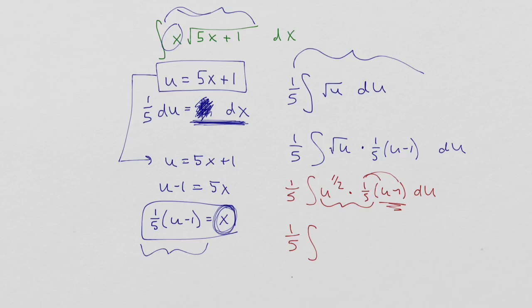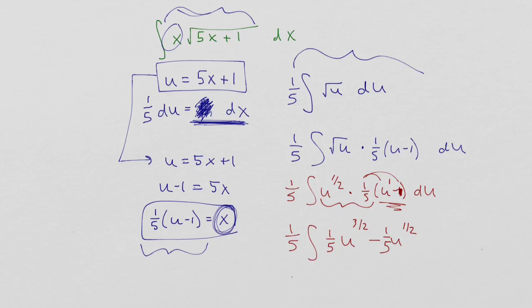So I've got u to the 1/2 times 1/5 times u to the power of 1, which is going to give me 1/5 times u to the power of 1 plus 1/2, which is 3/2, minus, this is a 1, so I've got u to the power of 1/2 times 1/5 times -1. So just u to the power of 1/2 times 1/5.